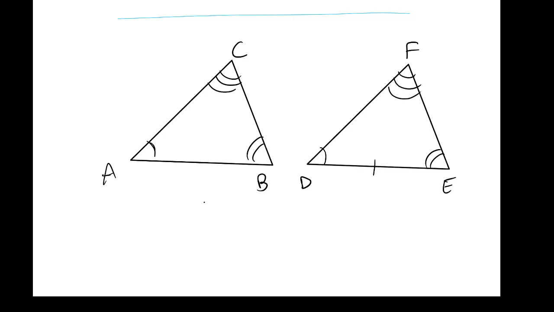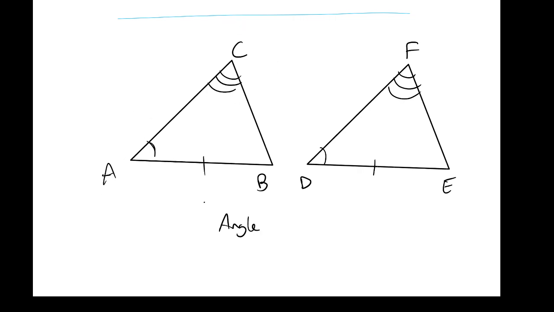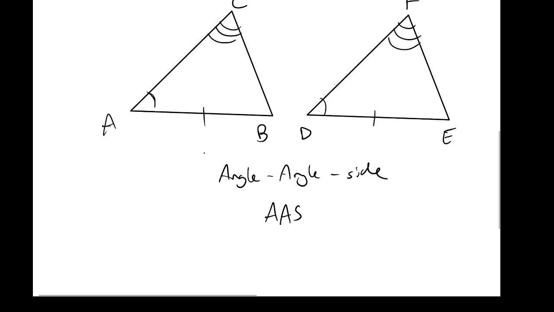So if I were just given this, which is effectively angle, angle, and then the side after that, where the side is not included, this is sufficient proof, because if two of the angles are congruent, the third one has to be congruent anyway, and I effectively have angle, side, angle. So angle, angle, side, or AAS, is sufficient proof.